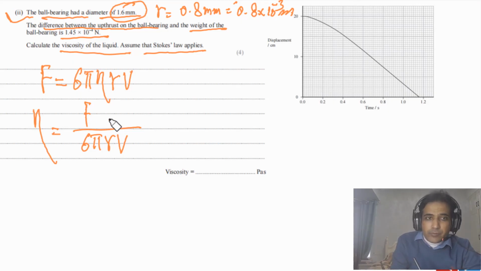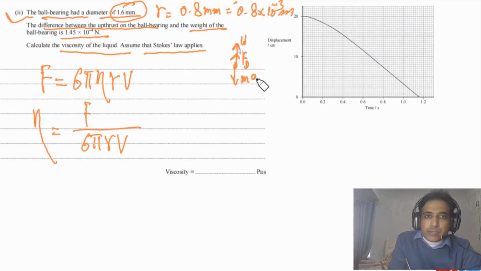So we have the value of radius, we have the value of the force, because it is given to us that when the ball bearing is falling down, upthrust is in upward direction, and drag force is also in upward direction, and mg is acting down.